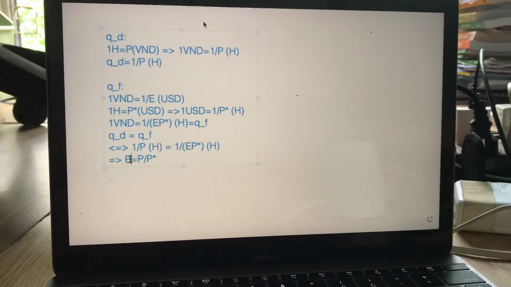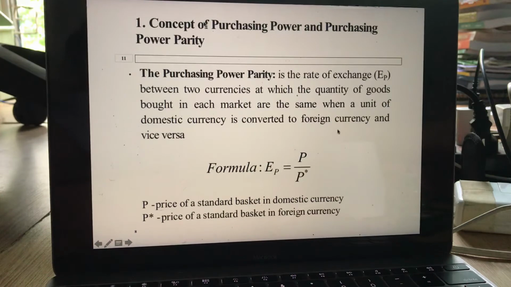We denote this level as EP, and that's the way to derive the purchasing power parity. And from the definition, what is the purchasing power parity? First, it is an exchange rate. But at this level of exchange rate, the quantity of goods bought in both markets is the same when using one unit of currency.